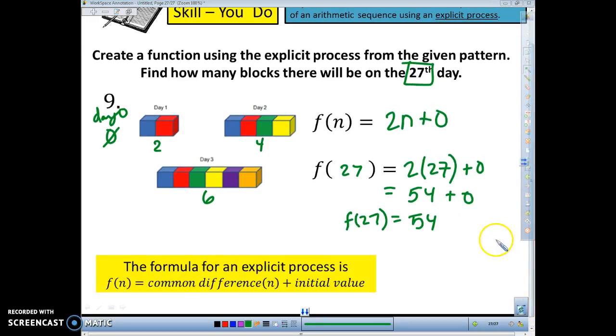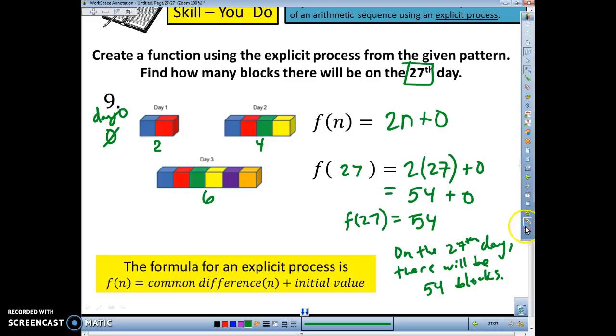With context problems, they generally want you to answer in a sentence too. So we're going to answer in a sentence. On the 27th day, there will be 54 blocks. Okay?